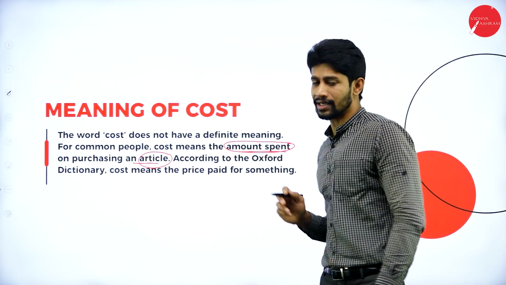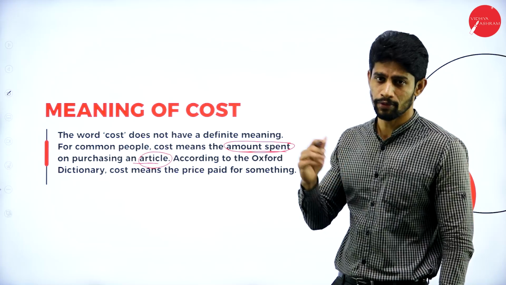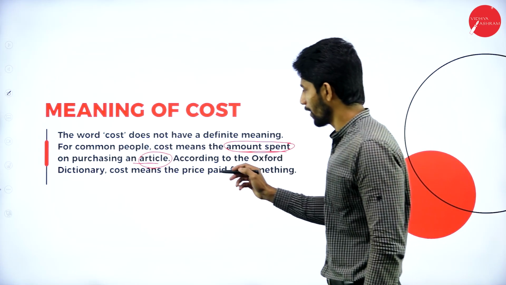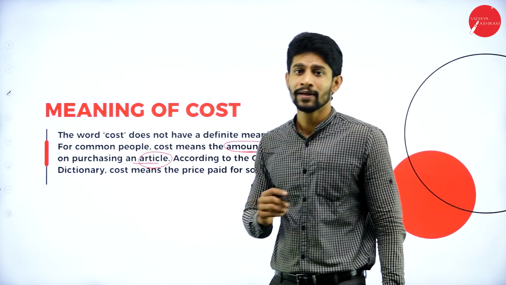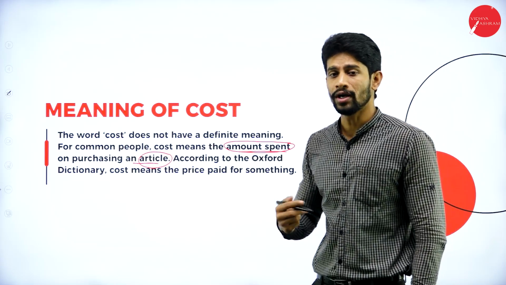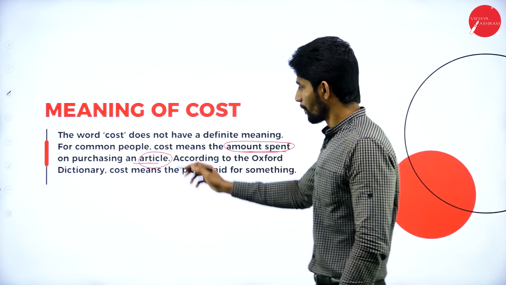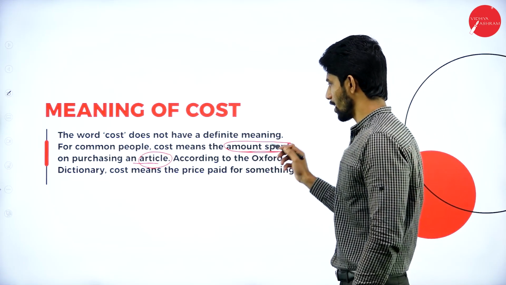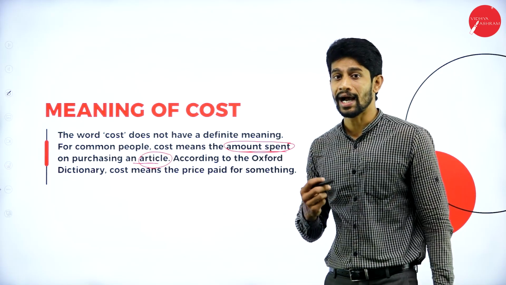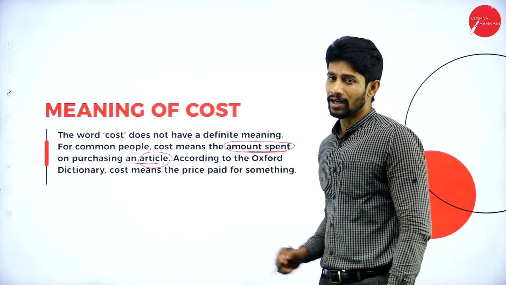So 20 rupees is the amount spent, and it is called the cost. And for spending the cost, you are getting an article or a product called toothbrush. So for common people, cost means the amount spent on purchasing an article.